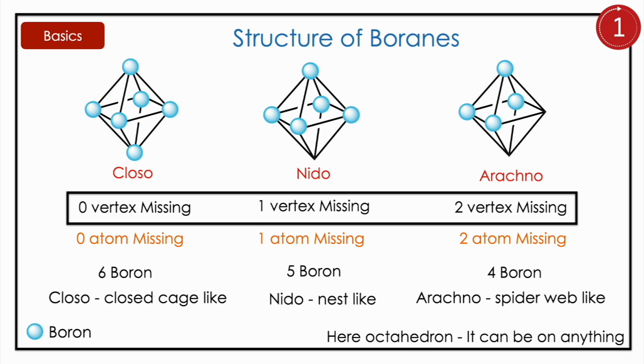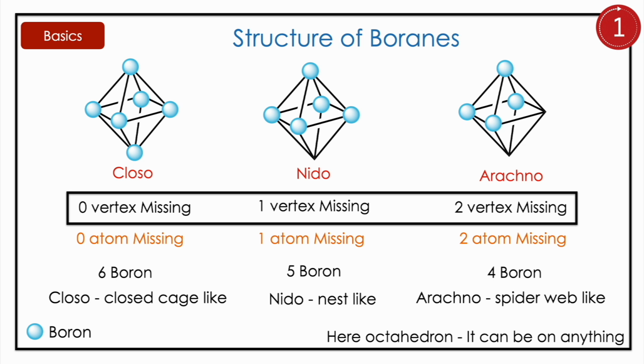Here, boranes are classified into Closo, Nido, and Arachno. Closo means the structure is a closed one, like a cage. Nido means you remove only one atom, that is, one vertex is missing. If you remove two, it becomes Arachno.